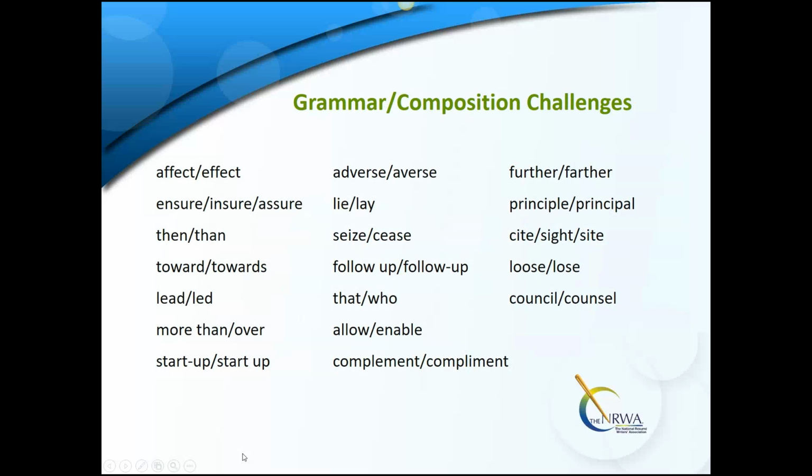I already had mentioned the startup, but here are some perfect examples of words that we constantly see show up in resumes being used incorrectly. The one that I see most often is ensure, which means to guarantee: you ensure that deadlines were met.